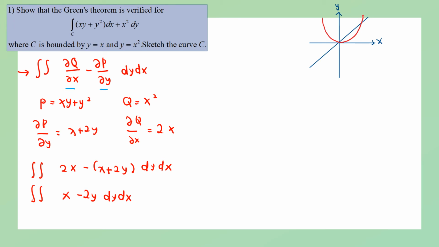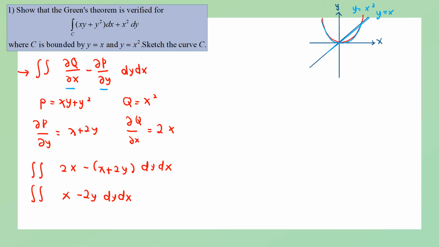Next step, we need to determine the limit. How to determine the limit? Based on the figure, we have two curves close to each other. This is y equal to x, and this is y equal to x squared.